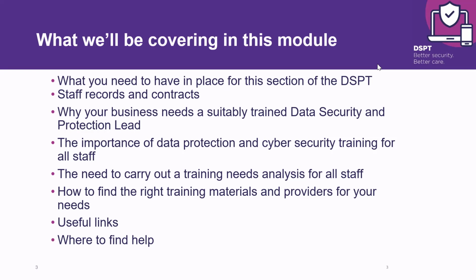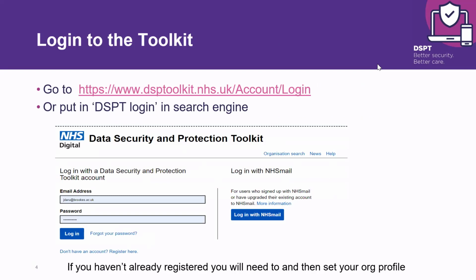So in order to complete the DSPT, the first thing you'll need to do is to register with the DSPT. And once you've registered, you're then able to log into your account, which will then facilitate accessing the specific questions that we'll be covering. So if you haven't already registered, you will need to, and then you will need to set your organization profile.